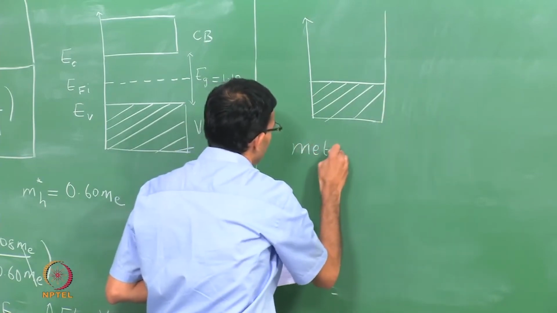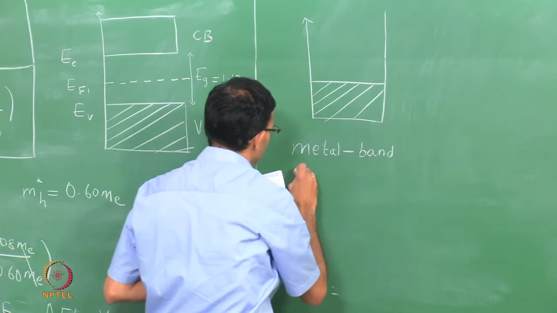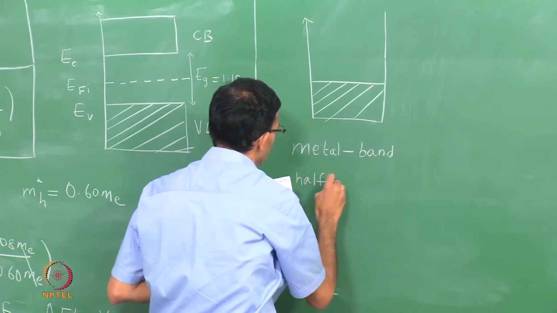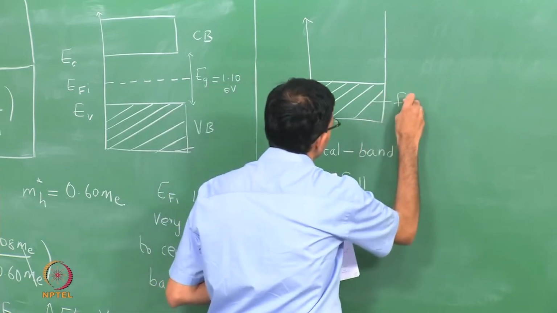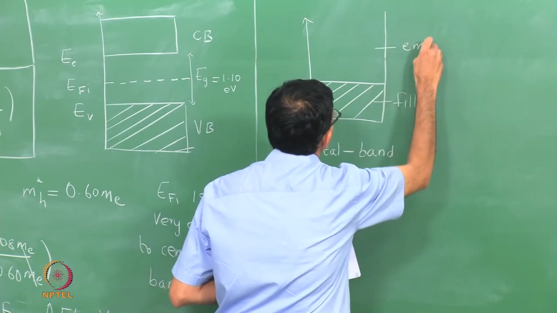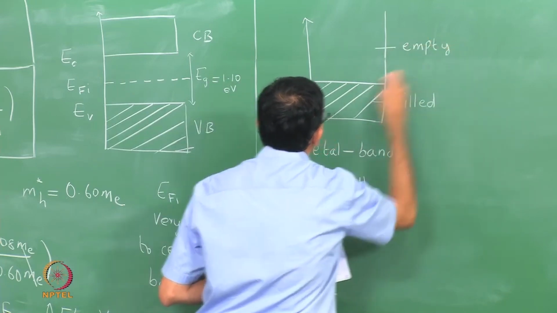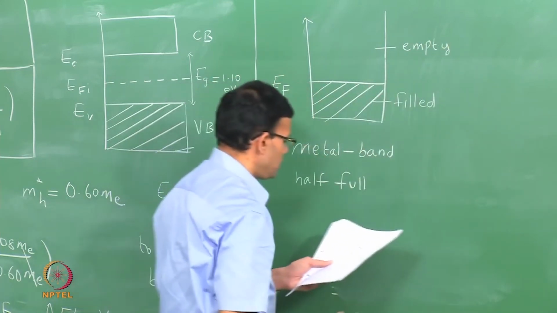In the case of a metal, your band was half full, so that you had filled states and you had empty states, and the Fermi energy separated the filled and the empty states.